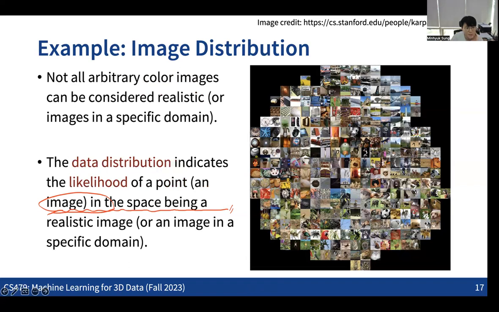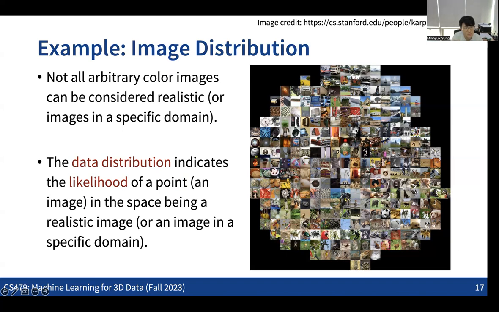Obviously, if we randomly sample an arbitrary point in this high dimensional space, that will not be a real photo image. It will be an image with random, arbitrary colors, which is not the image we want to see.